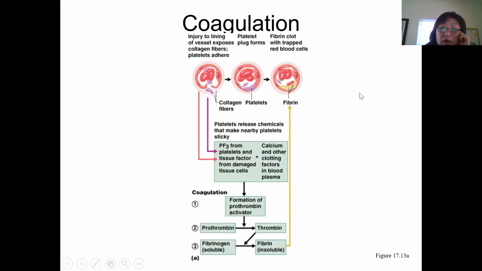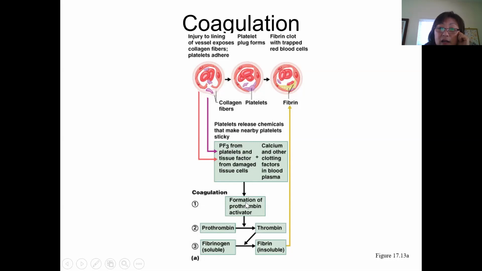Okay, so here we go. Another slide to review, okay? So damage of the tissue activates platelets, right? And then triggers the coagulation, triggers the blood clotting formation process.